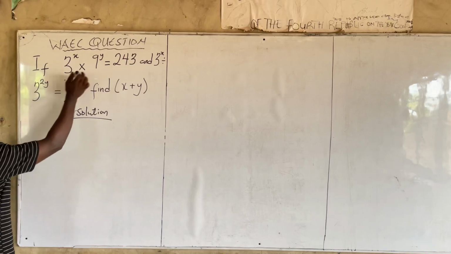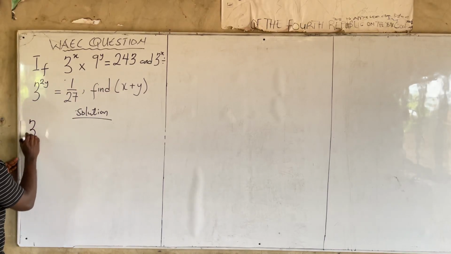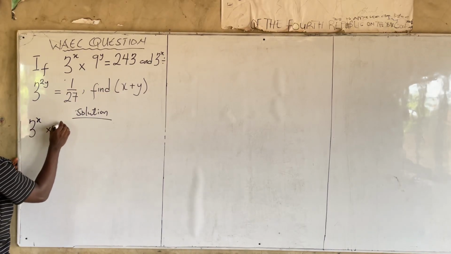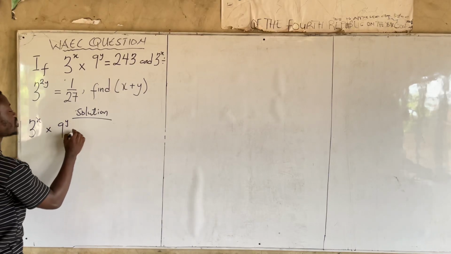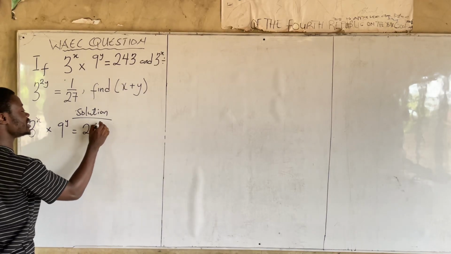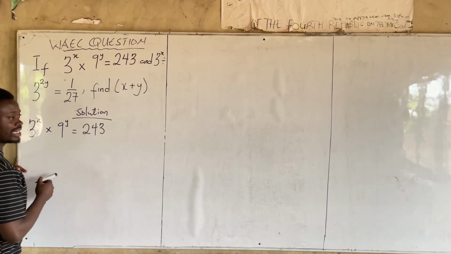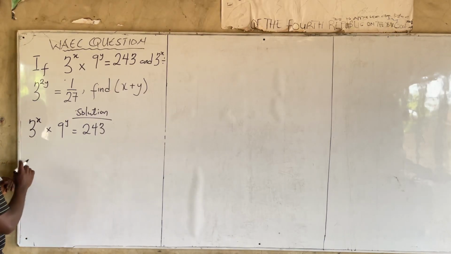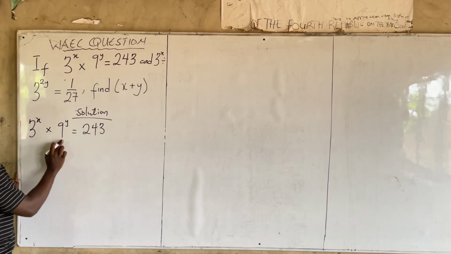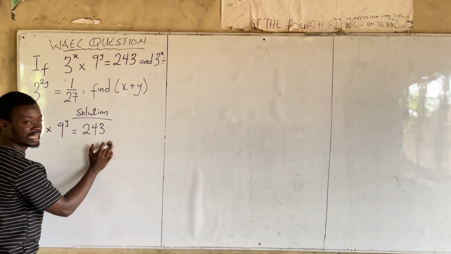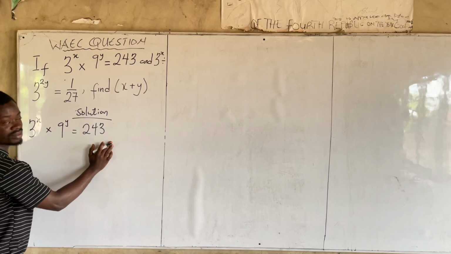So the first one is 3 to the power x times 9 to the power y equals 243. Using the laws of indices, let's simplify this. We can simplify the 9 and the 243 to their lowest terms so that it becomes easier for us to solve.